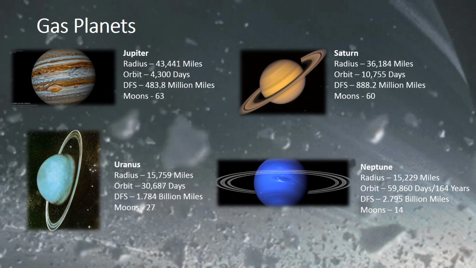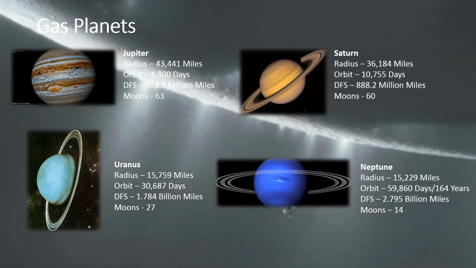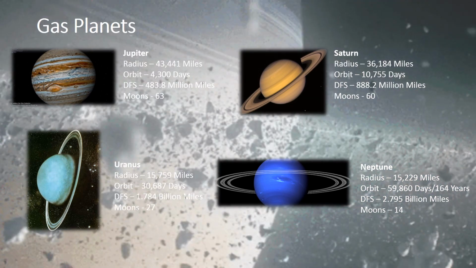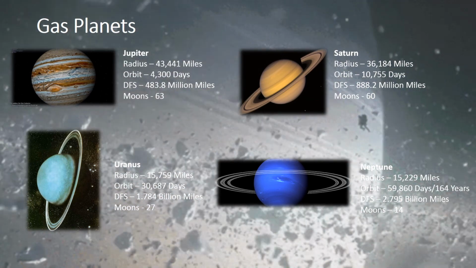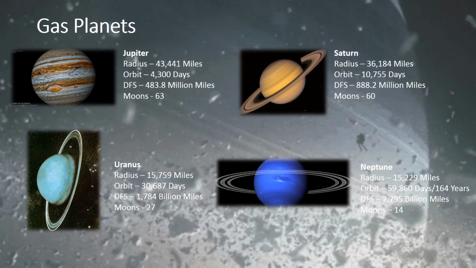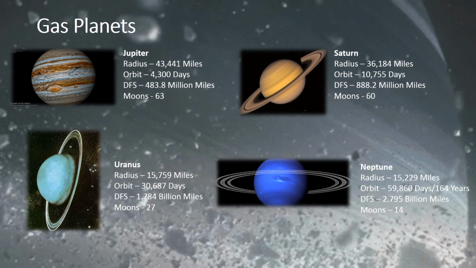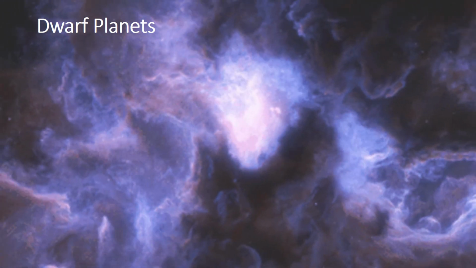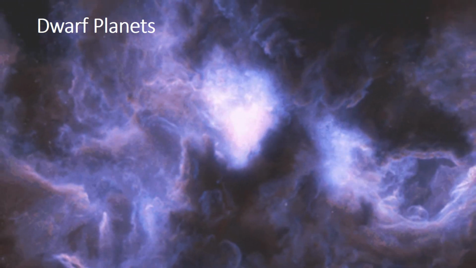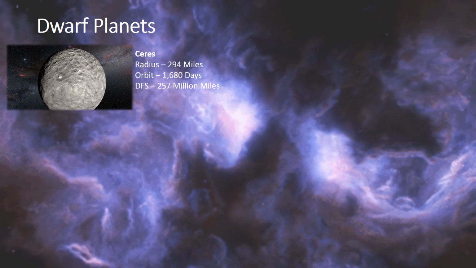Okay? Now, we talked about the terrestrial planets, and we then also talked about the gas giants or the gas planets. Now we're going to get into the dwarf planets. Now, there are a few dwarf planets in our solar system. The first is Ceres.